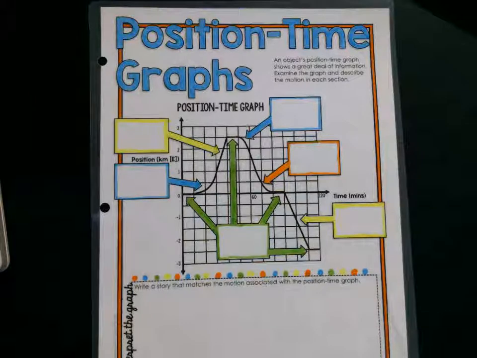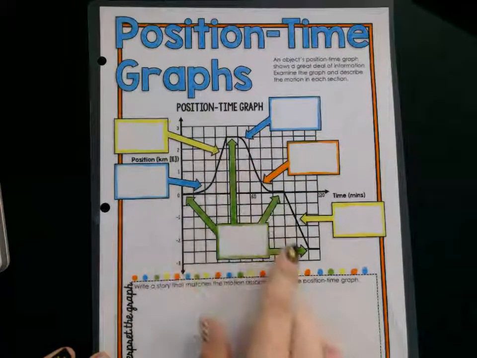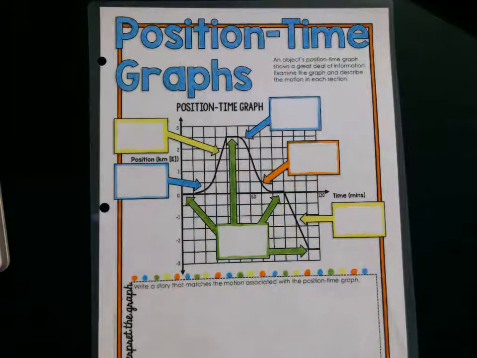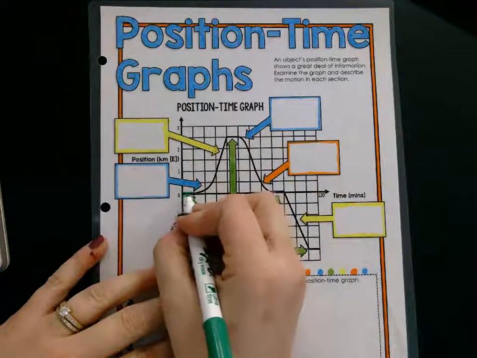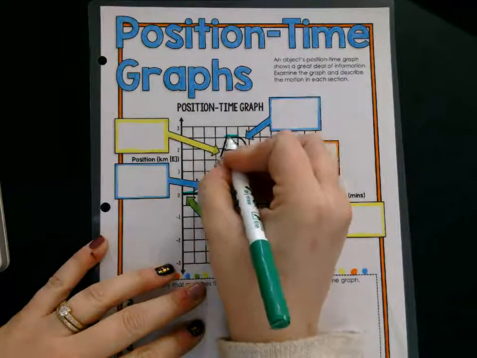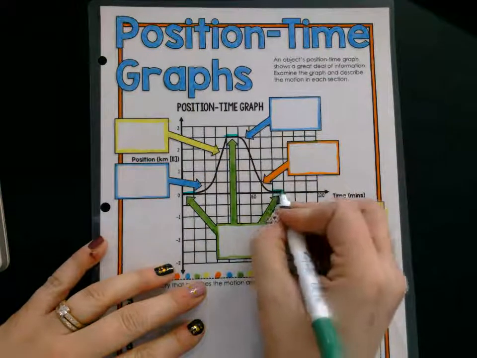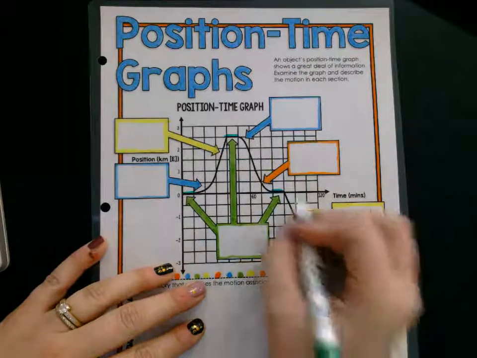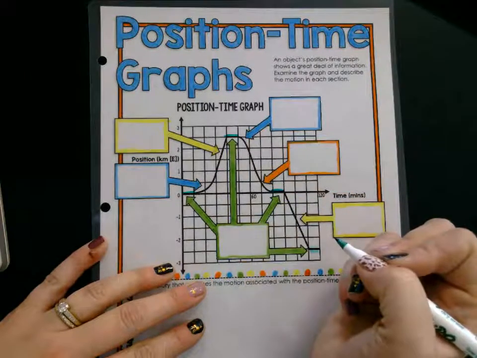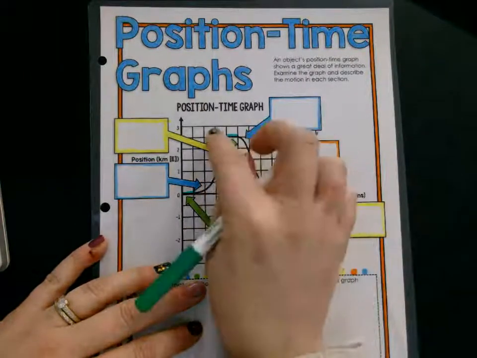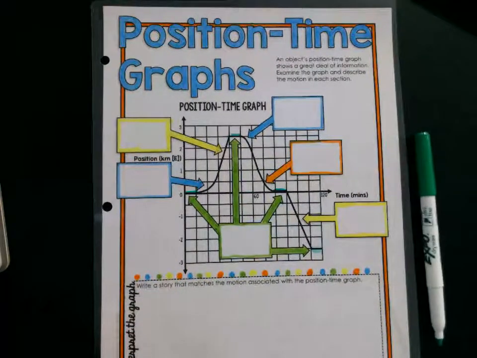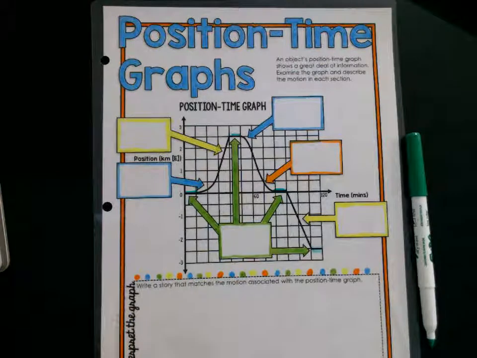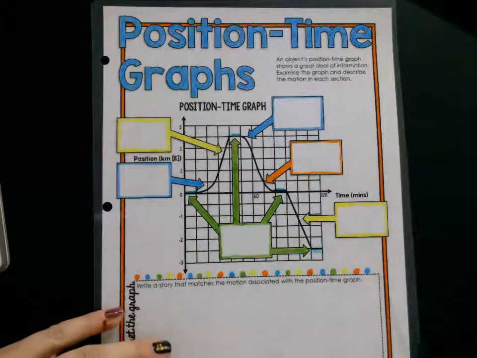So the first thing I see when I look at this graph is these 4 sections that are completely straight. So I'm going to highlight these green because they're completely straight. And I want to be able to see when I go to write my story where these sections are. All right. And when it's completely straight, it means that the object is stationary.